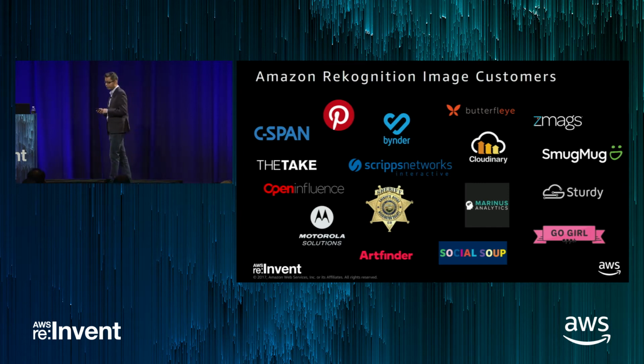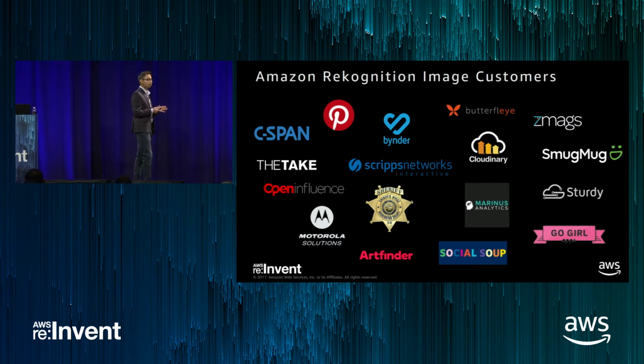On the bottom there, you'll see Google Apps, who built an app called Happy Snap, which lets children learn by snapping a picture, and then they use Rekognition to understand what's really happening in the picture, what the object is. And so the child can learn this is how it looks, and this is what it is. So we have seen some very interesting use cases come up, which we didn't really think of when we launched this. So let's dive into each of the APIs now.